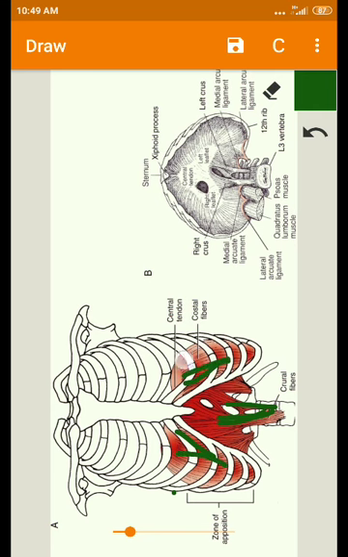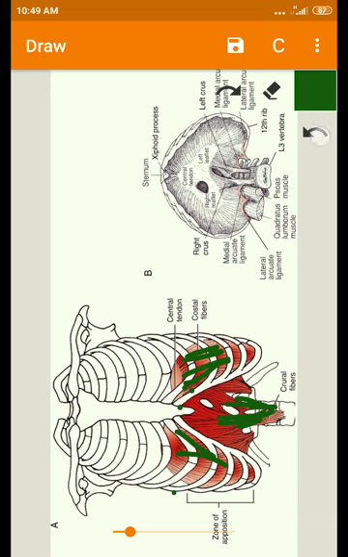The ventral muscles are nearer to the costal cartilages, towards the sternum, and the dorsal component is present nearer the thoracic and lumbar vertebrae, mainly the lumbar vertebrae.